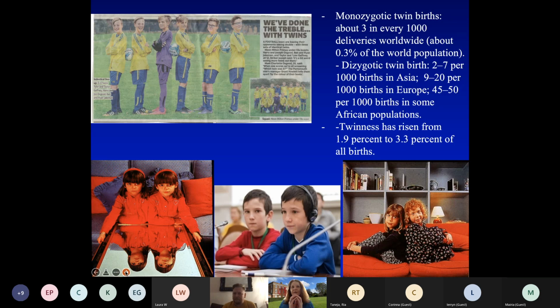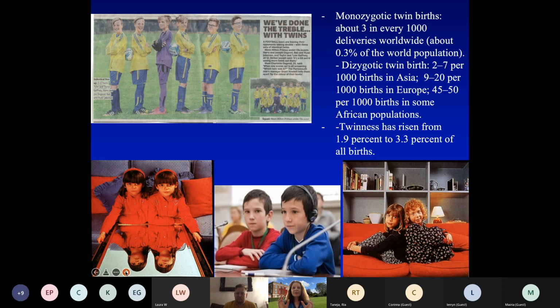They come from one single fertilized cell that splits into two. Monozygotic twinness occurs in about 3 per every 1,000 deliveries worldwide, so much less than 1% of the world population.